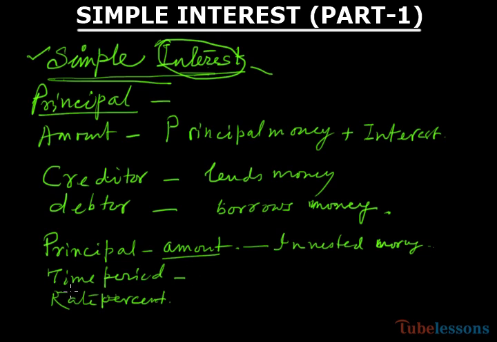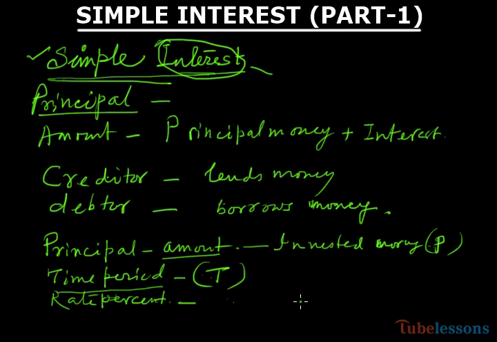You can use simple T for time. Principal is P. Rate percent: the interest for ₹100 at the end of 1 year is called the rate percent.